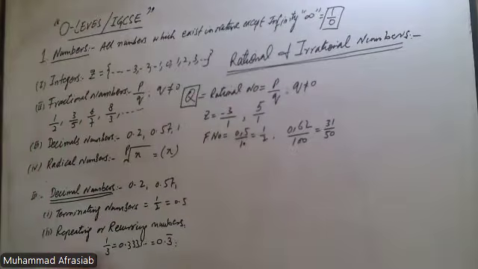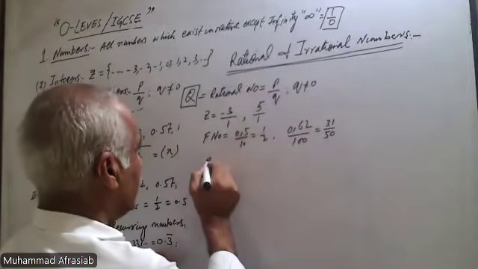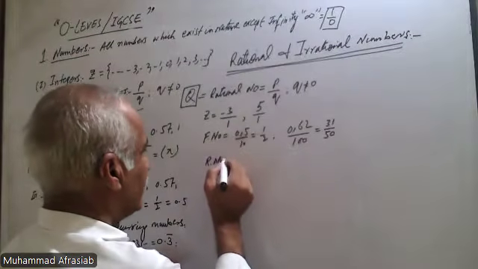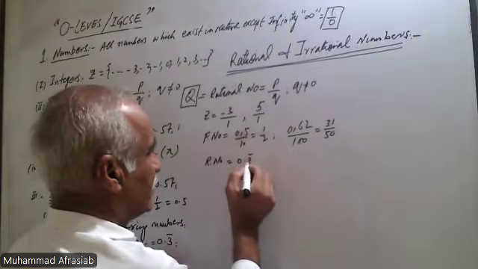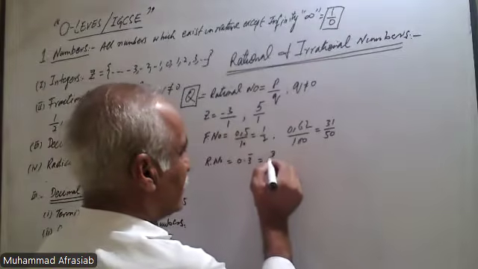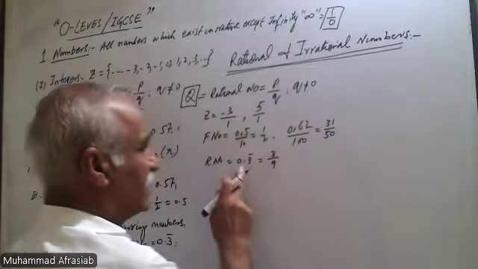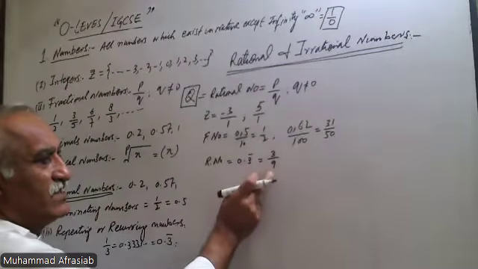As far as the repeating or recurring numbers are concerned, take 0.3 bar or 0.3 dot. This is written in the form of a fraction as 3 over 9, not 10, because there is one decimal place, so you write 9.